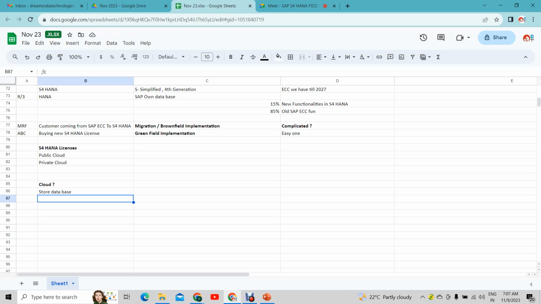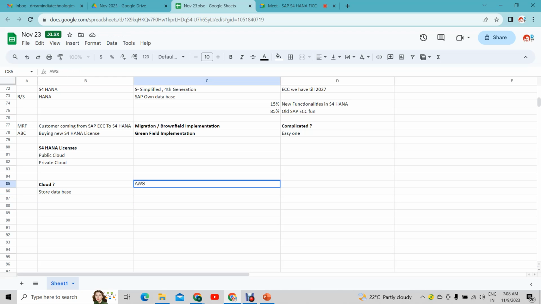Any other answers? You guys see there is AWS. What is the meaning of AWS? Have you ever seen? Amazon Web Services. Correct. Amazon Web Services. They are cloud providers.